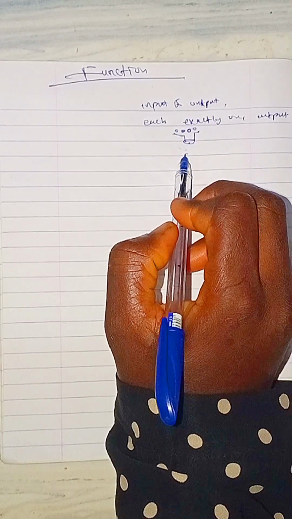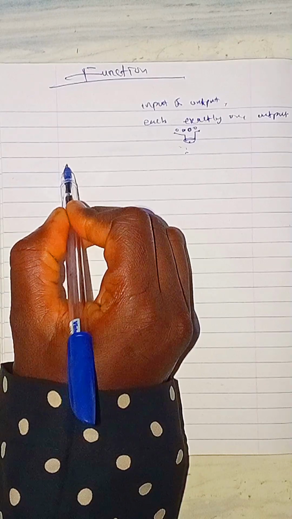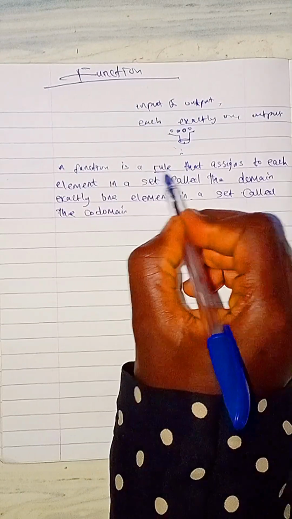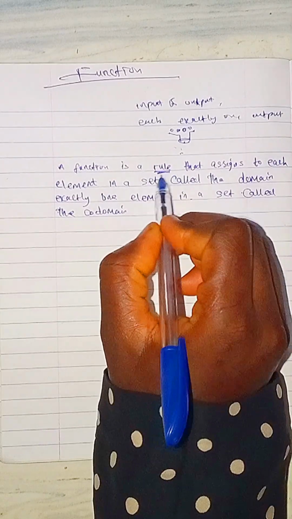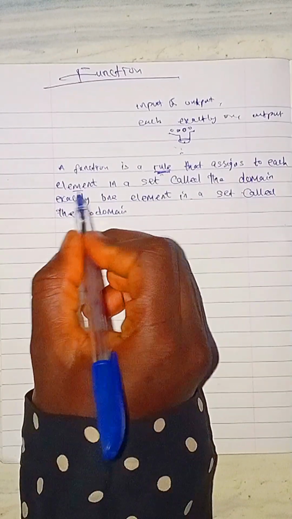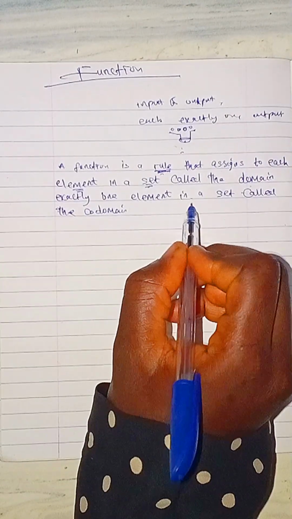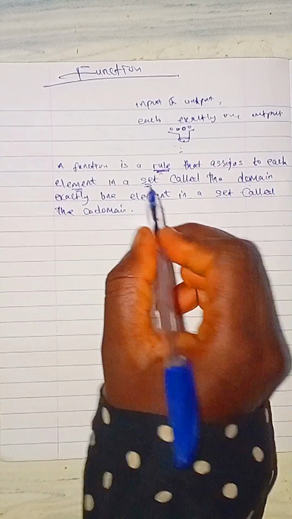So in mathematics, a function is a rule that assigns to each element in the set called the domain exactly one element in the set called the codomain. What are the sets?